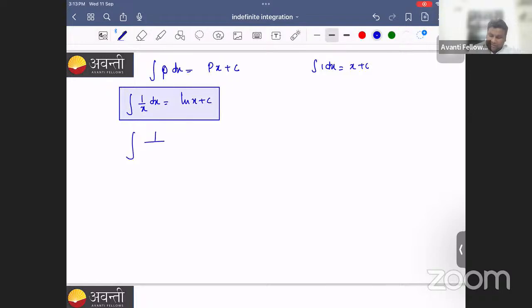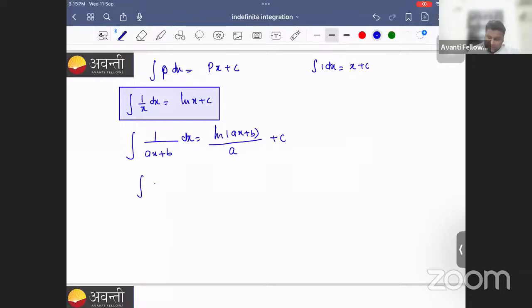And if I ask you integration of 1 upon ax plus b dx, now it will be what? Ln of ax plus b, and the quantity we assumed as x, divide by its derivative, upon a, plus constant. That is, the derivative of ax plus b is a, and we divide by that.